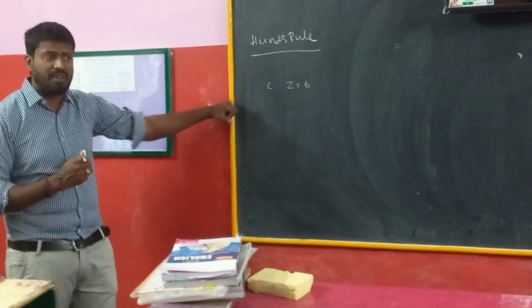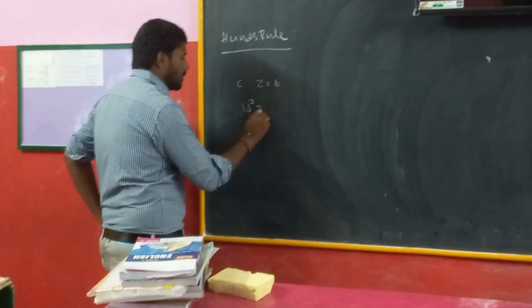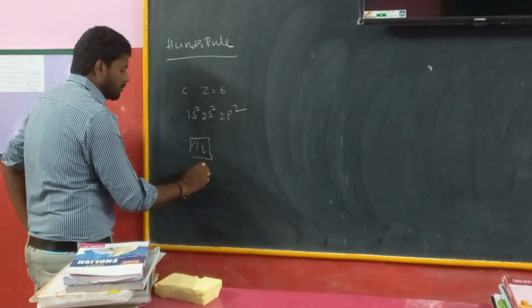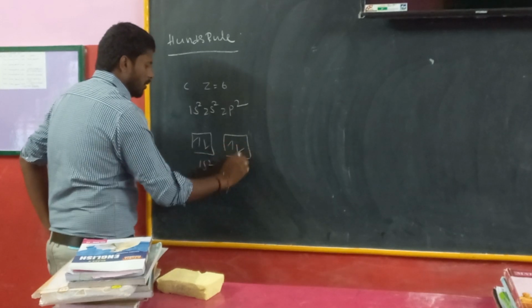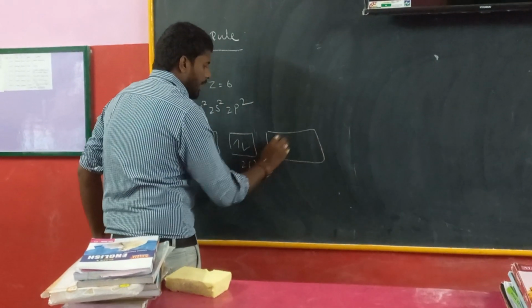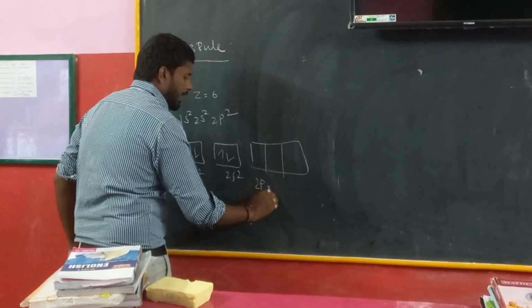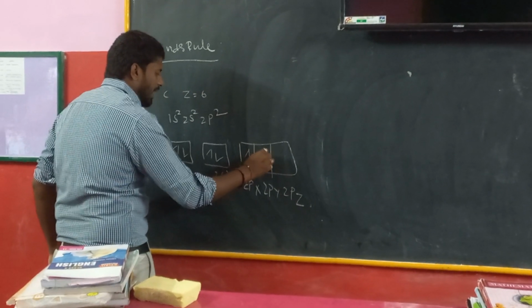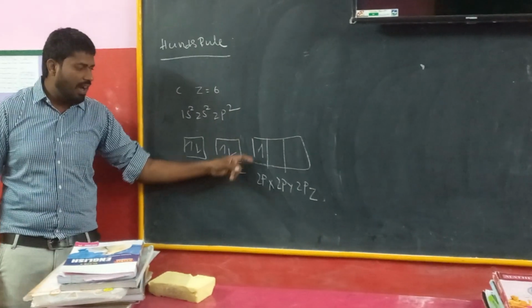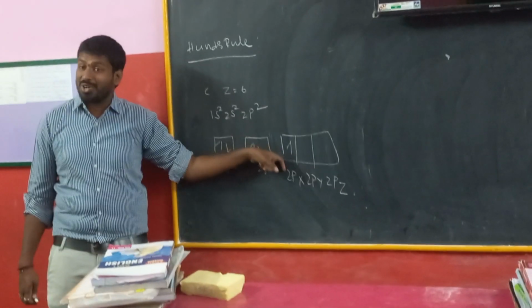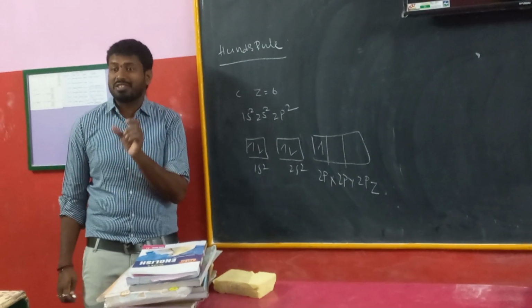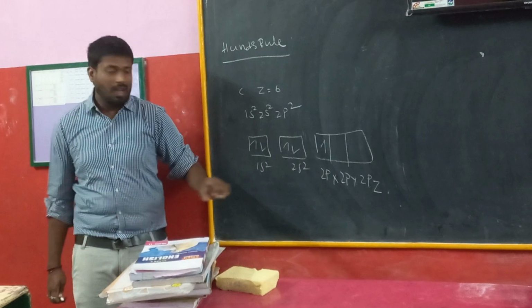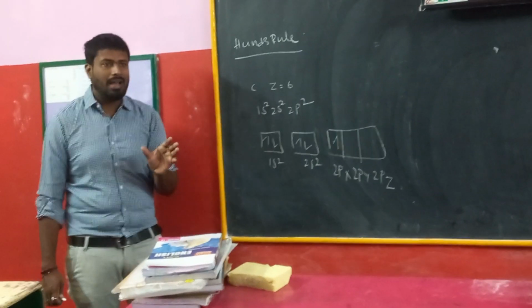The electronic configuration of carbon is 1s2, 2s2 and 2p2. In 2p we have 3 orbitals, 2px, 2py and 2pz. First the electron enters 2px. Normally the next electron should also go into 2px, but Hund's rule says that pairing of electrons takes place after filling all the degenerate orbitals, the available orbitals having the same energy levels.